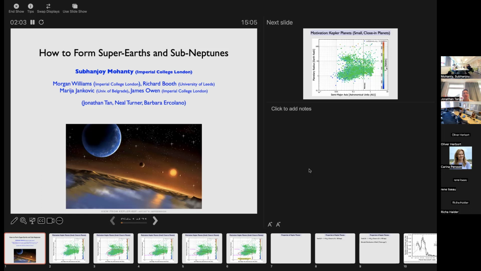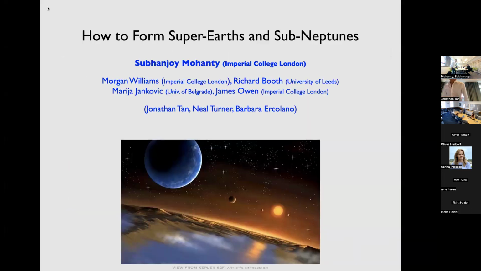You'll have to tell me how to do this. I see swap displays. Is that better? Oh, yes, that's much better.